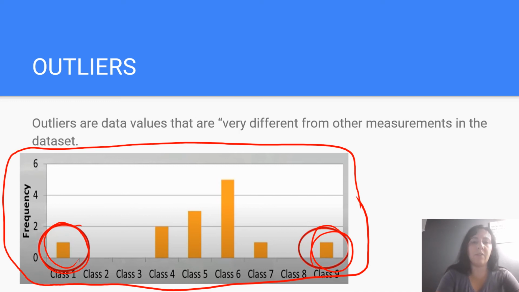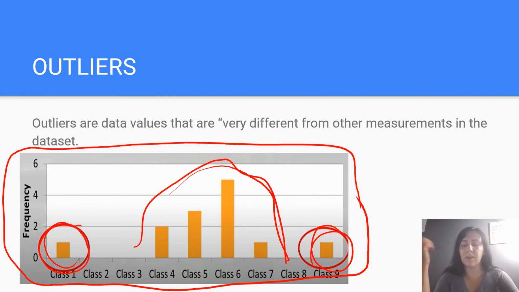You have a lot of people who generally fall somewhere in the middle, and then there are some people who are really overweight, so they might fall in here. And then you also have some people who are very underweight as well.